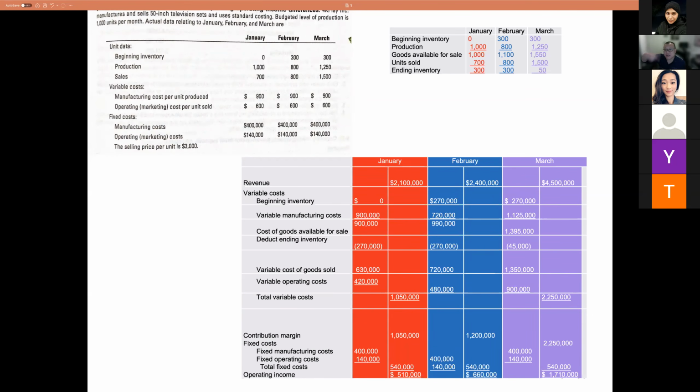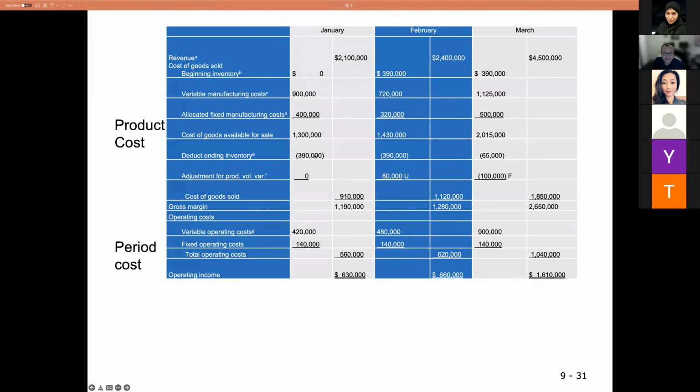My manufacturing cost per unit is 1,300. In January, the ending inventory is 300 units, and each unit costs 1,300. So 300 times 1,300 is 390,000. That is this number, 390,000. Does that make sense? Yeah, it does. Thank you. Okay, good.